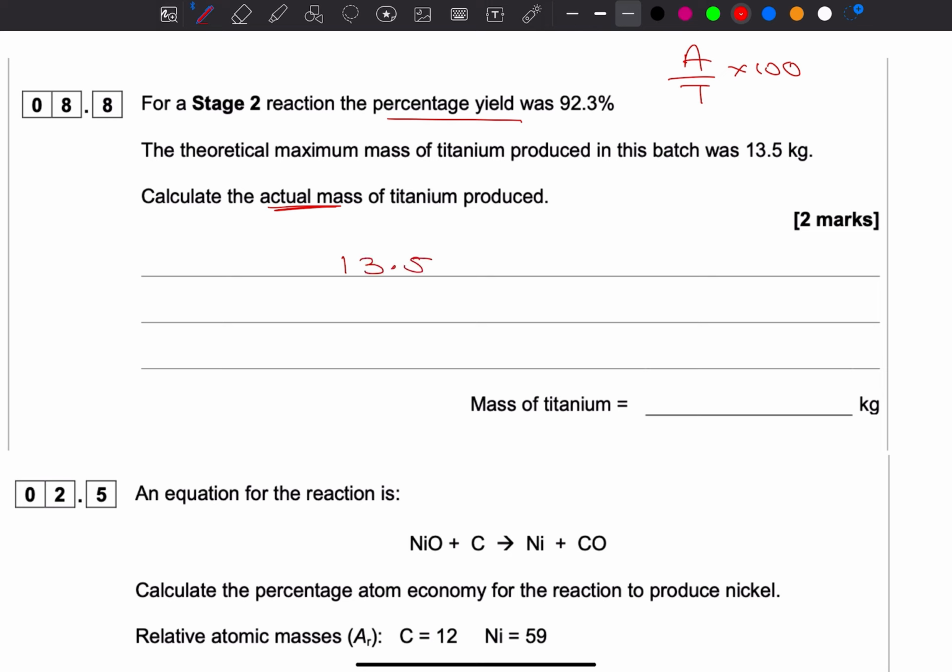So if it's smaller, what do you do, times it or divide? 92.3% is 0.923, yeah? You times it. Okay. Which will give you 12.46. You got 12.46 kilogram.